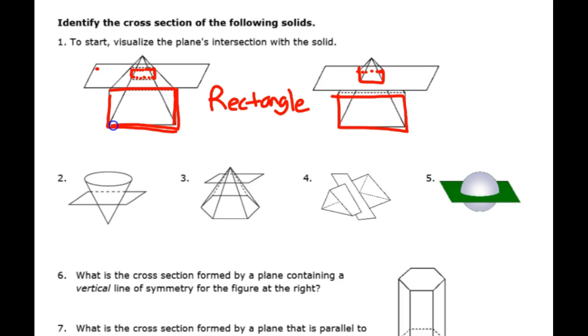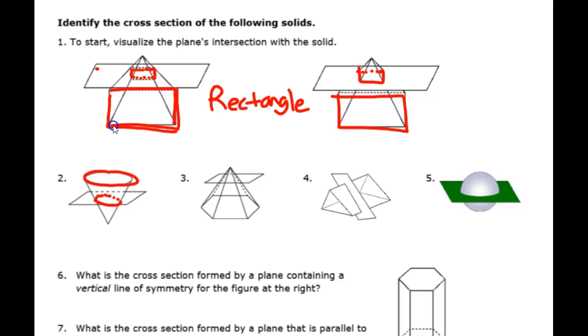So, number two, what's the base of number two? A circle, okay? So, now, when we cut parallel to that base, what are we going to get? It should be the same thing as the base, right? So, boom.